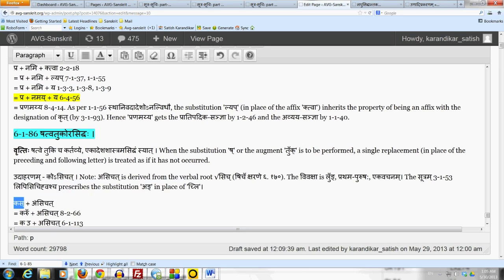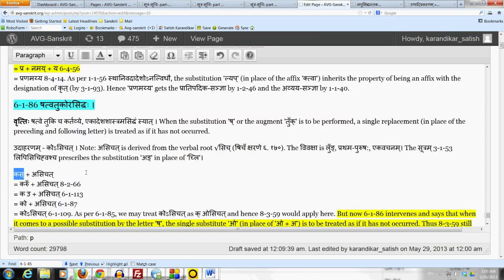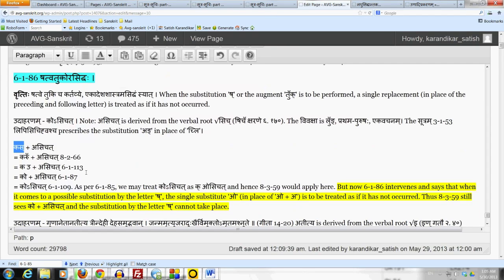Let's take a sentence now. Ko 'sicat. The sandhi operations start as follows. We start with kas plus asicat. Kas is pulliṅge prathamā ekavacanam of the sarvanāma prātipadikam kim. So kas plus asicat. Now kas has the padasanjna by suptiṅantaṃ padam. So by 8266 sasajuṣo ruḥ, the ending sakāra takes the ru ādeśa. So we get ka ru asicat.